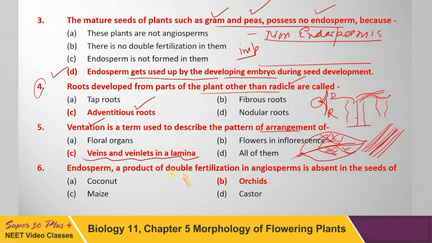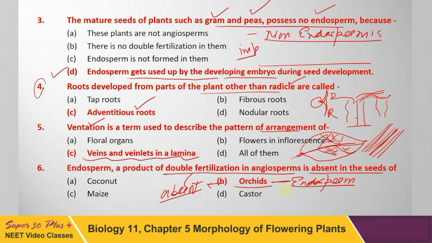Endosperm, a product of double fertilization in angiosperms, is absent in the seed of which plant? Some angiosperms are there in which double fertilization is absent. Otherwise, double fertilization is an important characteristic of angiosperms. For example, in orchids double fertilization is absent. That's why in orchids the endosperm is not formed, because endosperm will be formed only after double fertilization.